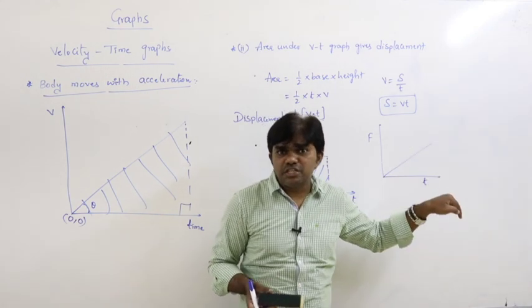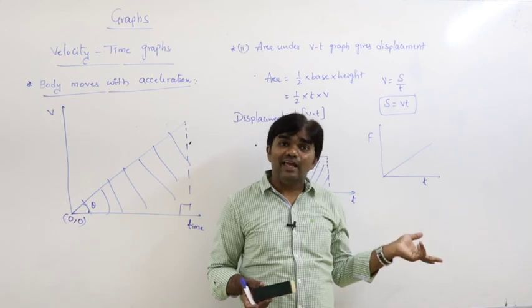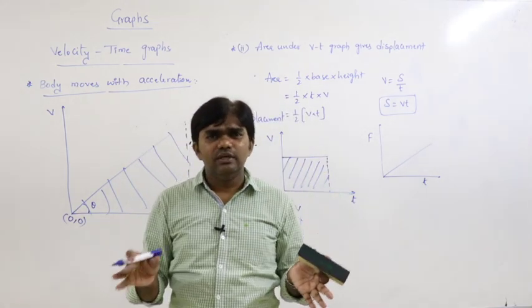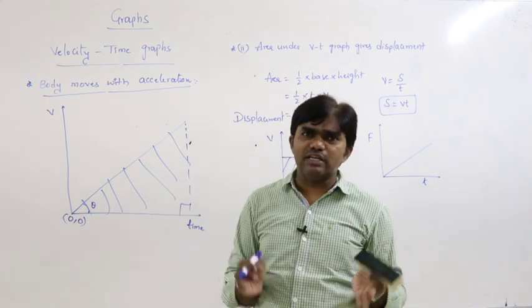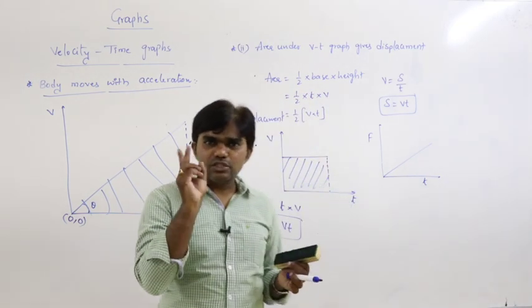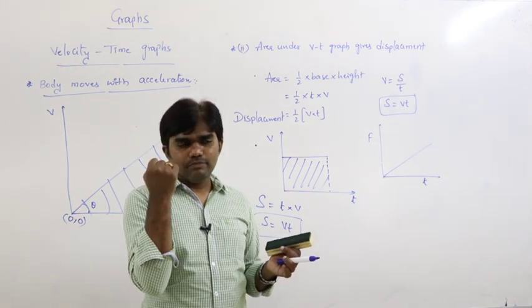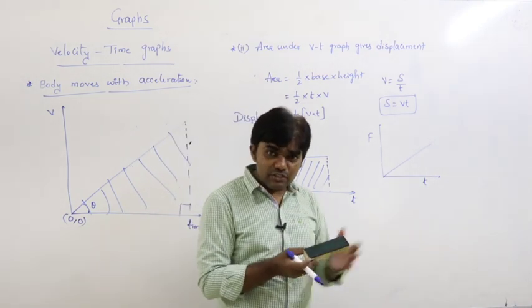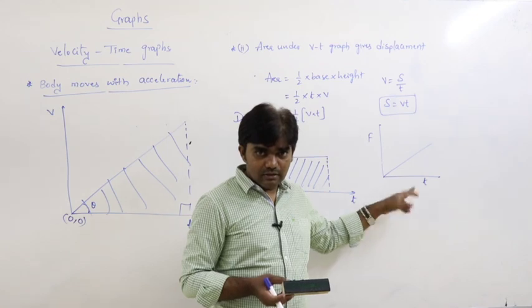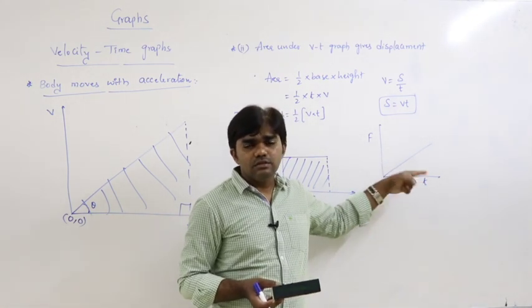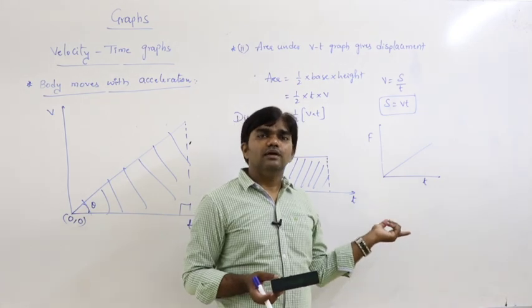If the multiplication exists, then we can find out the area. In any graph, just follow these two simple tips.